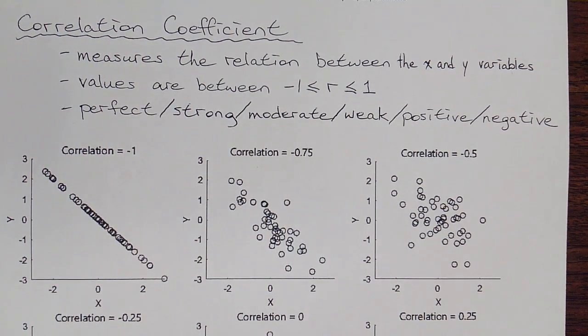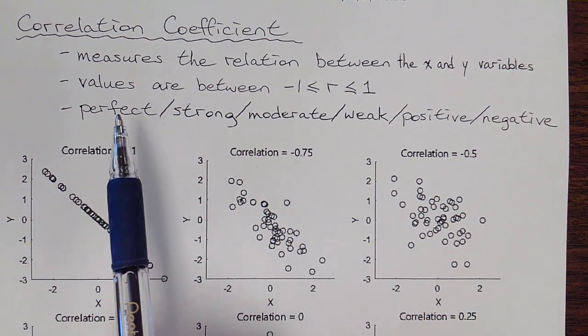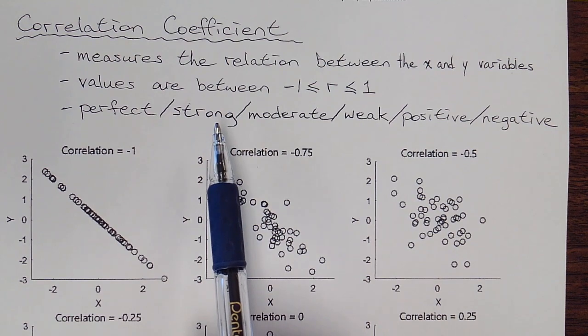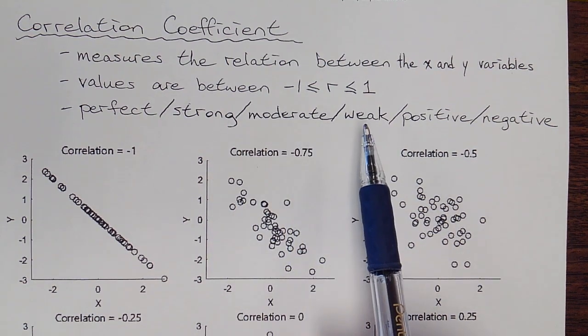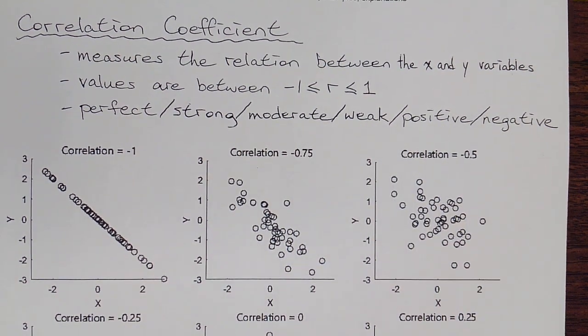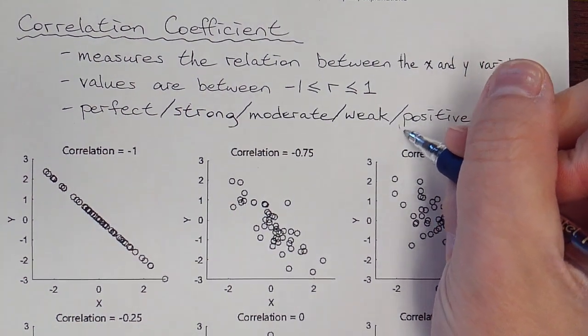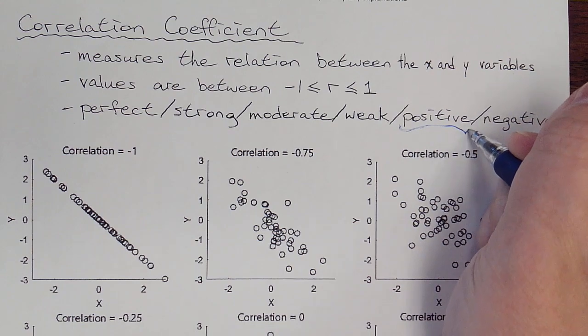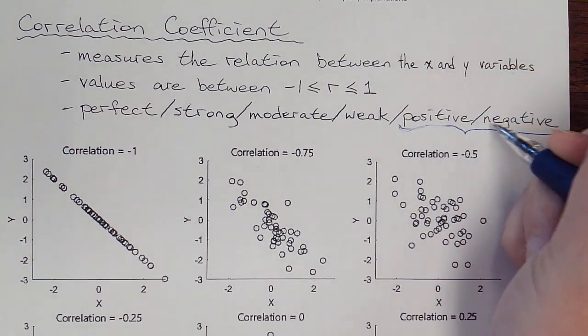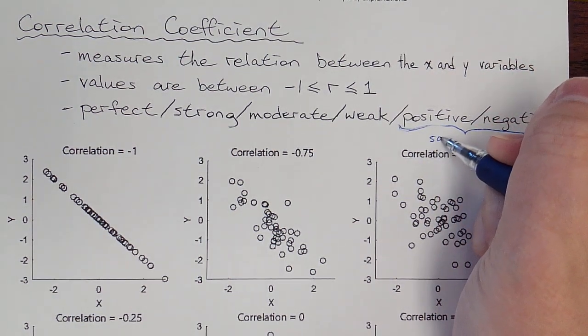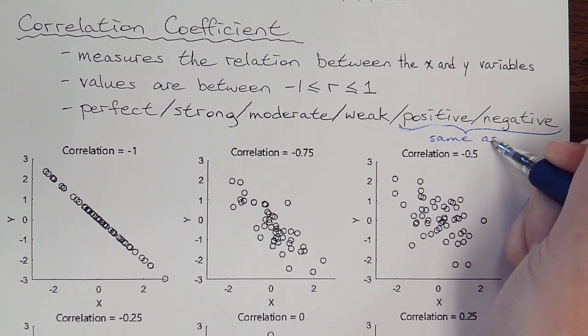Some of the words that we use to describe the correlation are perfect, strong, moderate, weak, positive, and negative. For positive and negative, this is exactly the same as how we would describe a slope.